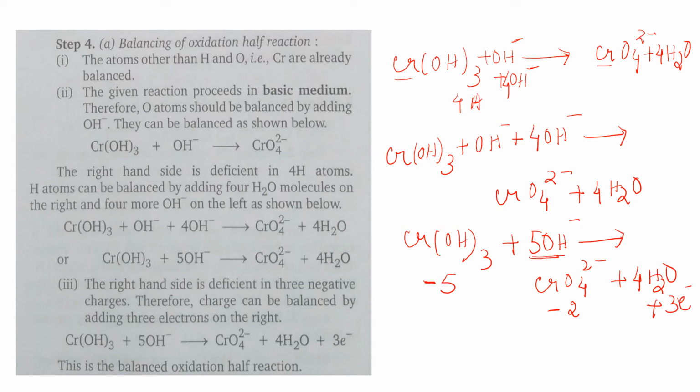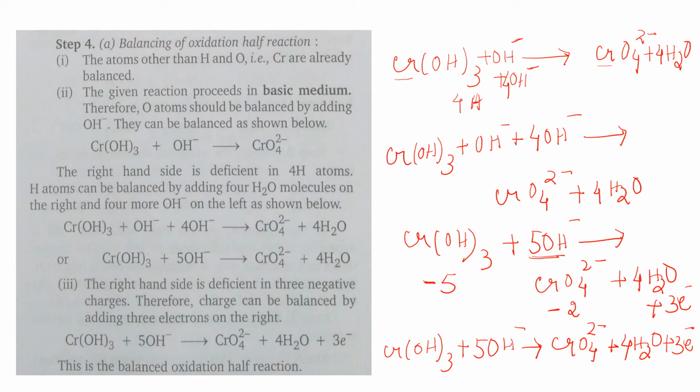So the balanced oxidation half reaction that I am getting is Cr(OH)3 plus 5OH- is giving you CrO4 2- plus 4H2O plus 3e-. This is my balanced oxidation half reaction.